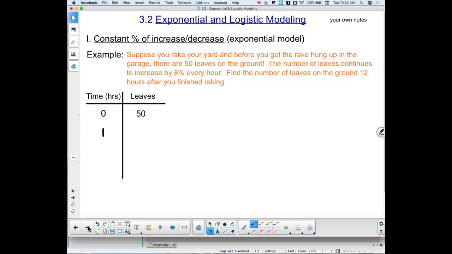How many leaves are on the ground 1 hour later? 54.